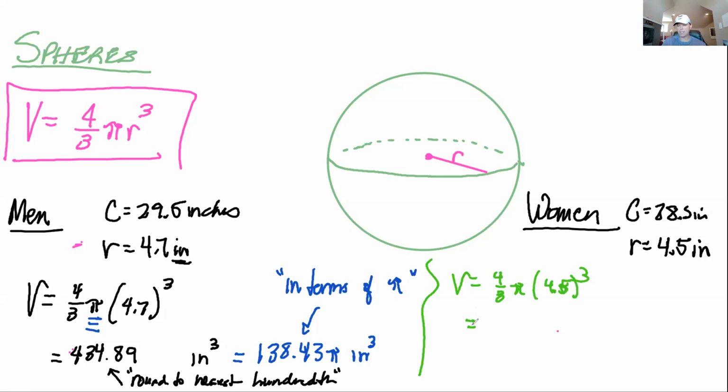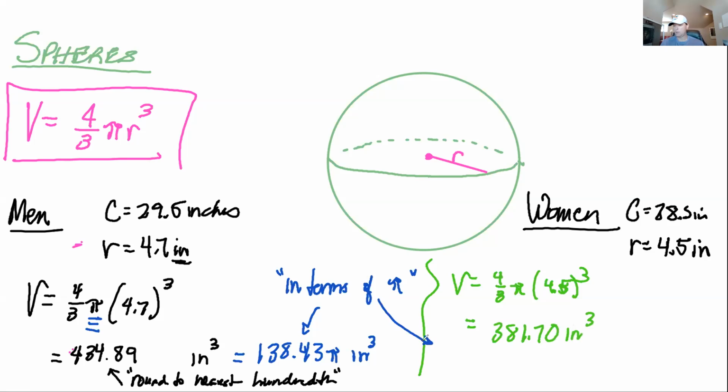But now I'm going to go times 4.5 cubed, and the answer comes out to an error because I don't know what I'm doing here. There we go. I get 381.70 cubic inches. And again, I'll do it in terms of pi here just to be complete.